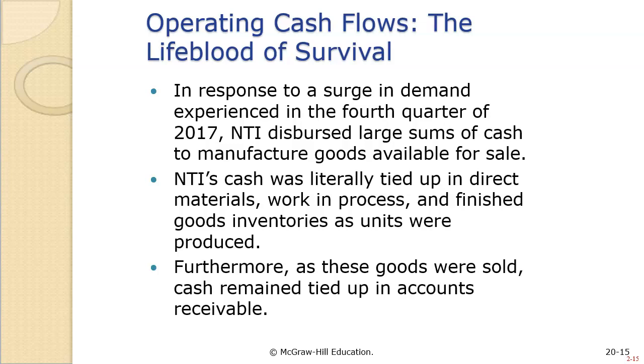I think in this chapter the book was talking about an example, NTI, and that second bullet point said NTI's cash was literally tied up in direct materials, work in process, and finished goods inventory. And then it talked about cash remaining tied up in accounts receivable.